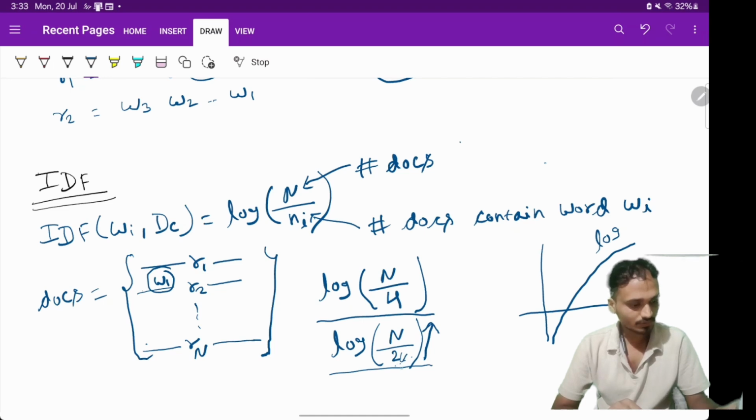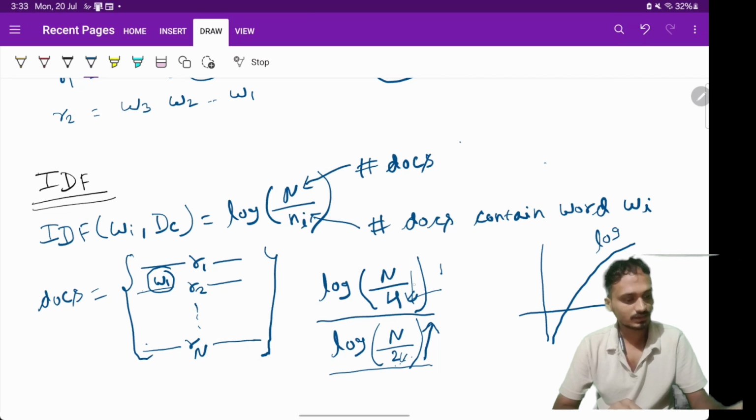So fewer docs will contain the word. If fewer docs contain it, it means the word has more importance to that particular review. So this is what IDF measures. It sees how important that particular word is to particular reviews only. Let's say we have 4 here, so this will be lower than the one below.